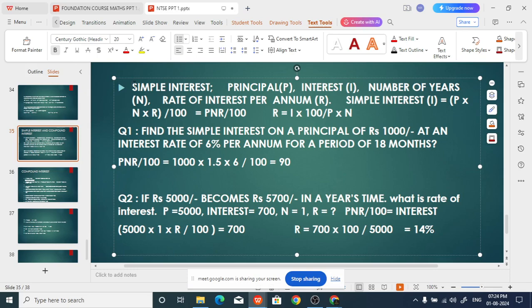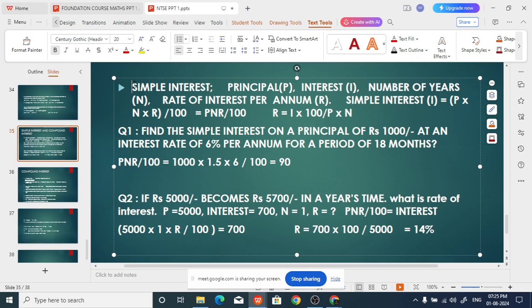What is the answer you are getting? Calculate and let me know. PNR by 100. What is P? Principal, sir. No, what is the amount? 1000, sir.